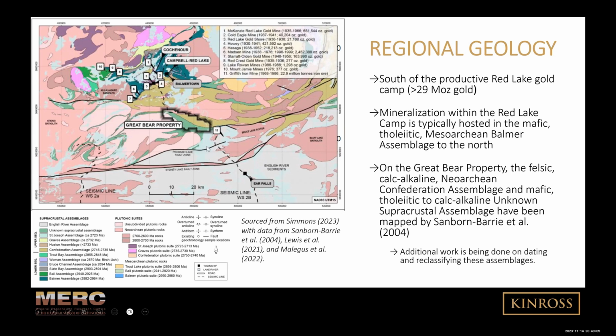Now on the Great Bear property, what we're seeing is these felsic calc-alkaline Neo-Archean Confederation assemblage, and then what was mapped by Sanborn-Berry in 2004 as unknown supercrustal assemblage, but it was also considered to be Neo-Archean. Some additional work is being done at Laurentian right now on dating and reclassifying these assemblages, so we will probably get some better constraints on that soon.